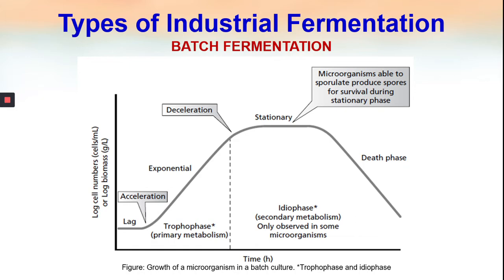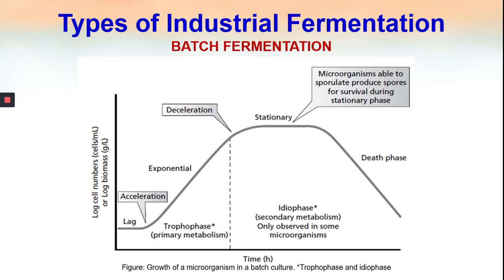How can the microorganism undergo all four phases? This is because under batch fermentation, we do not interrupt or disturb the fermentation by making adjustments to the environment, such as adding new nutrient or adding buffer to adjust the pH.